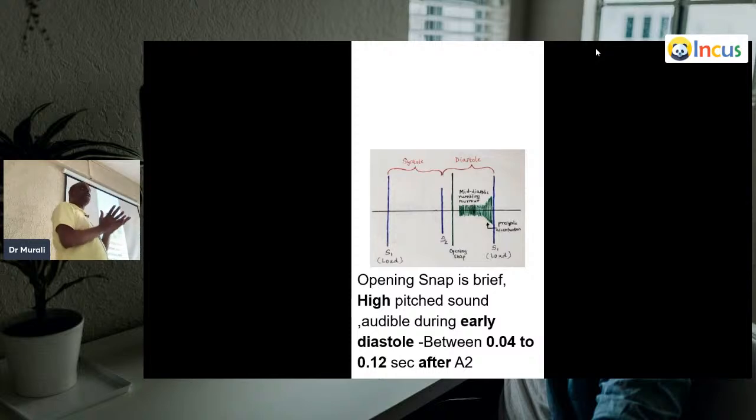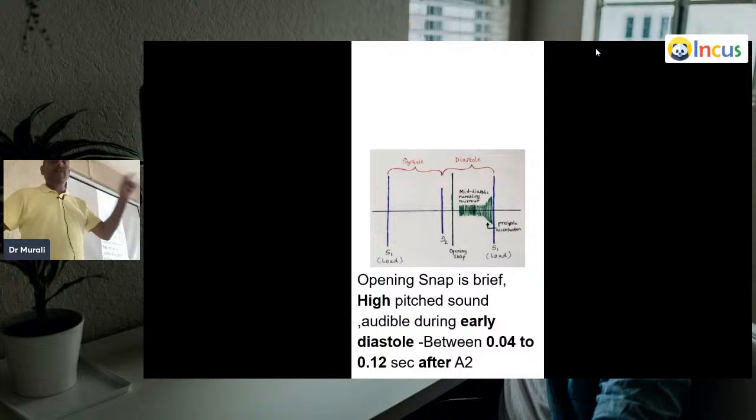Together it has more blood, so more pressure. So the moment A2 occurs, that means the aortic valve closes and the ventricle relaxes, the high pressure in the atrium will open the valve, and that opening happens faster. So between A2 and the OS, the gap becomes lesser. Understood? Once more, I'll summarize for you quickly.